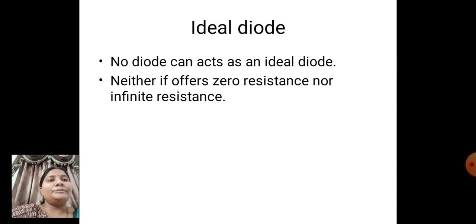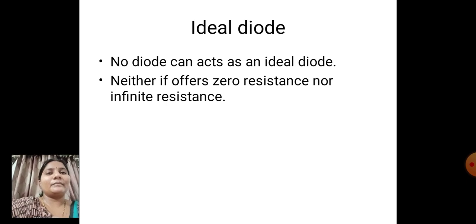So up to now we have seen the behavior of the practical diode, the diode we are using in the experiments, the diode we are connecting in the circuits practically. Now we will see the behavior of the ideal diode, the theoretical diode. In practical life, no diode can act as an ideal diode.